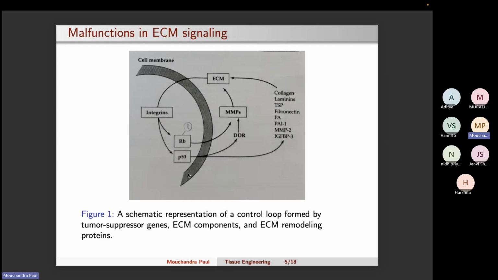So if P53 gets mutated and is dysfunctional, you can understand it can severely affect the composition of the ECM and the overall function of the cells and the tissue.